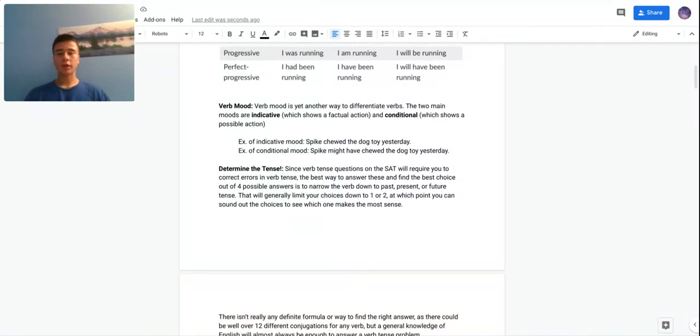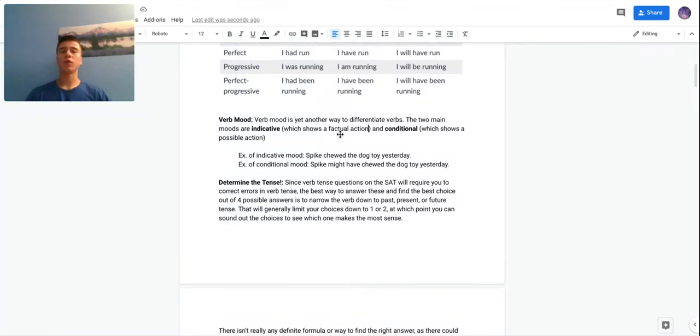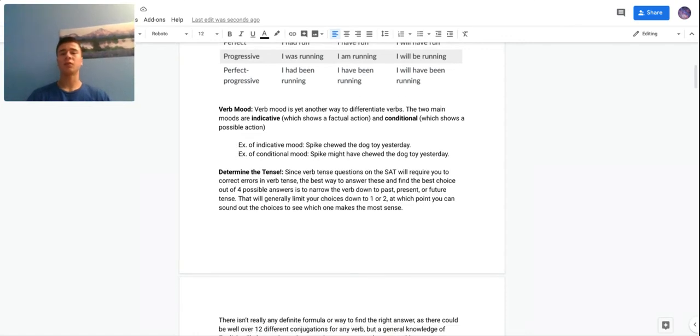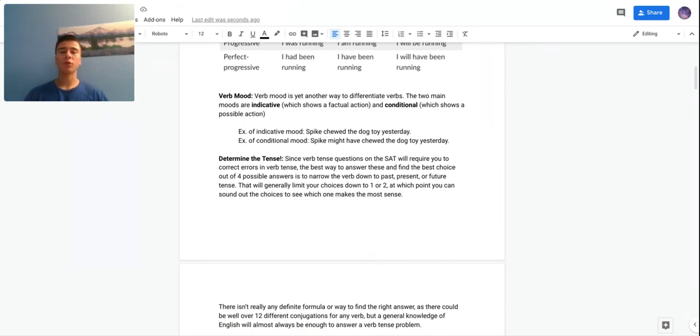My number one tip to solve these questions is to determine the tense of the verb. Verb tense questions have many different choices, at least the 12 in this chart, plus more if you factor in verb mood, so it can easily get out of hand. But if you determine past, present, or future tense, that can really narrow down your options.